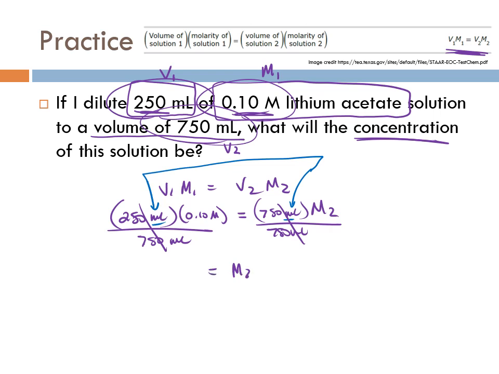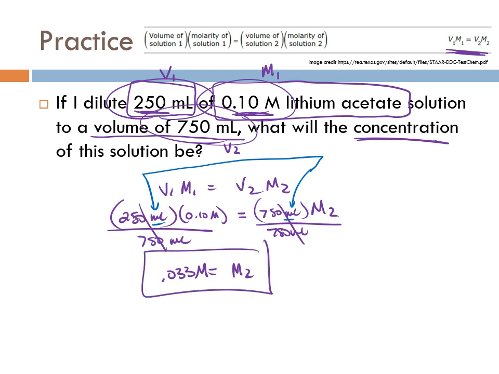M2 equals 0.033. Lots of repeating decimals, but I'm going to stop here because sig figs mean I get to keep 2. Big M is my answer here. So 0.033 molar is the new concentration of the new solution.